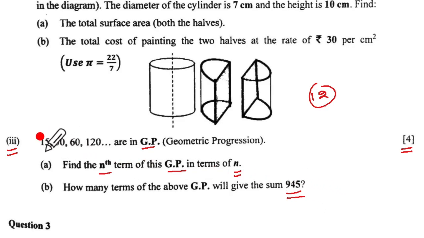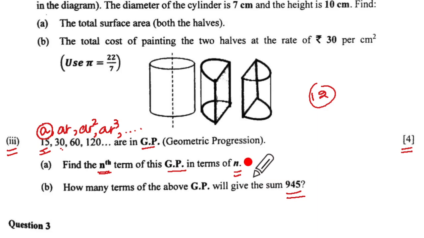As you can see, the GP is generally represented as A, then AR, then AR square, then AR cube, dot dot dot. Correct? So our first term A1 will be A, which is 15, and your common ratio is going to be A2 upon A1, that is 30 upon 15, which is 2. Then we use the formula for nth term and then we continue with the presentation along with the marking.